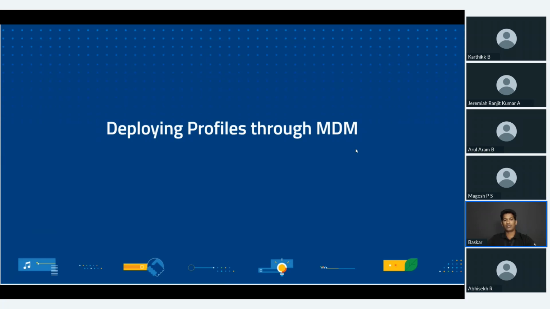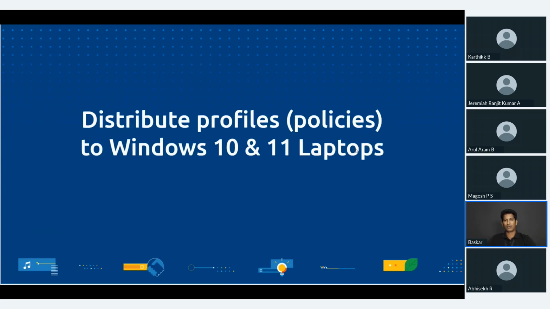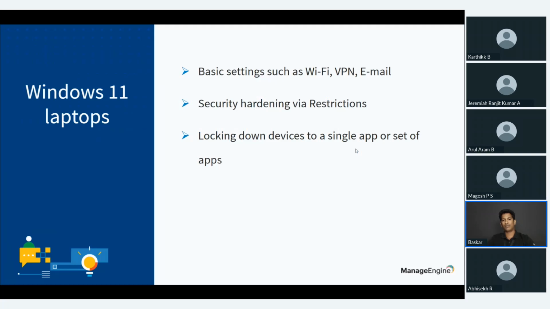First we can look into the profile configurations, where we can control the devices from the MDM console. So let me take you to the console first. First we can look into the Windows 10 and 11 laptop profile configurations, and the benefits we have for profile configuration on modern management devices.